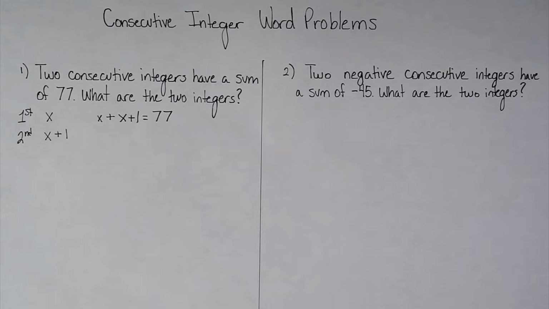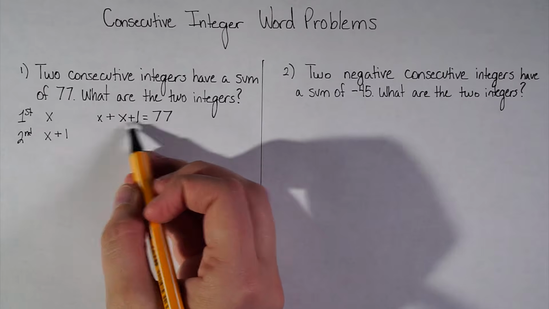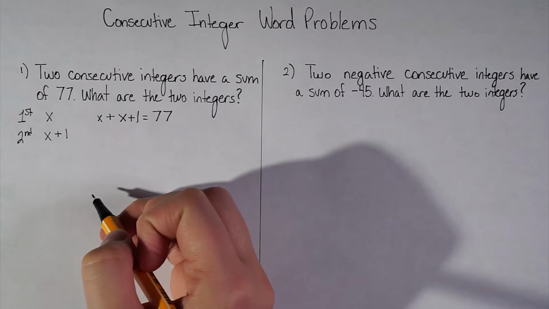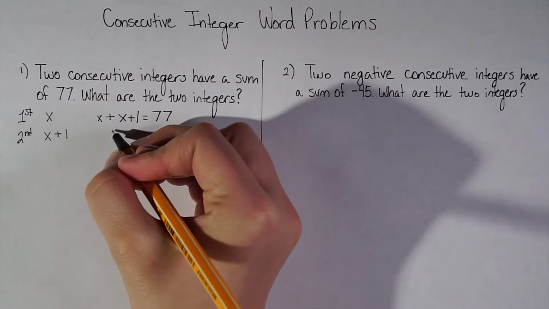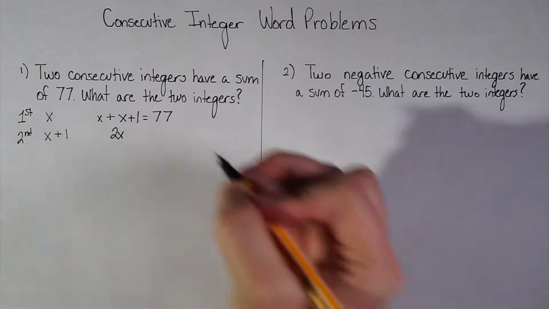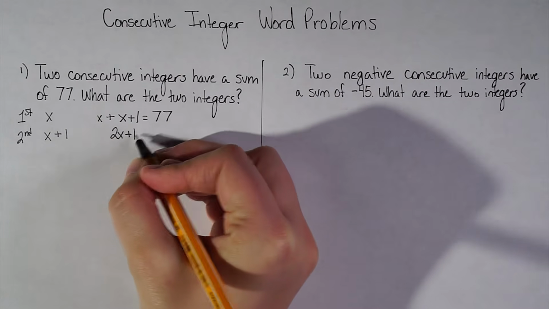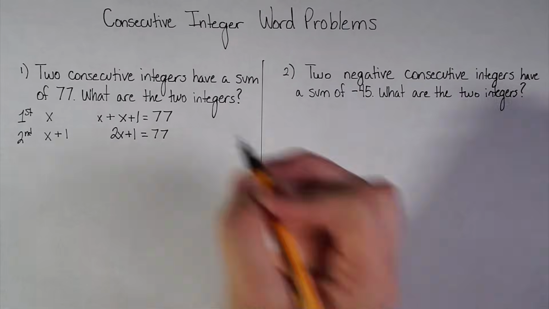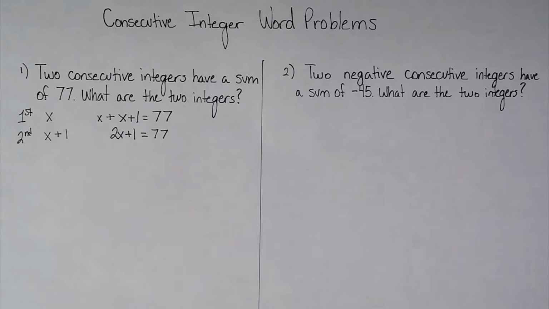Now it's just solving an algebraic equation. I need to combine any like terms on the same side. So x plus x is 2x. Bring down my plus 1 equals 77.